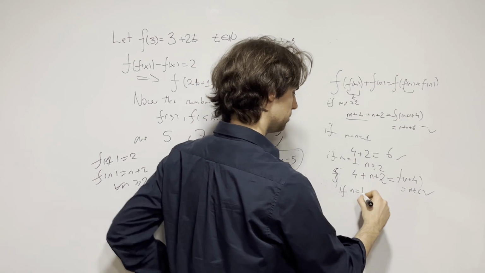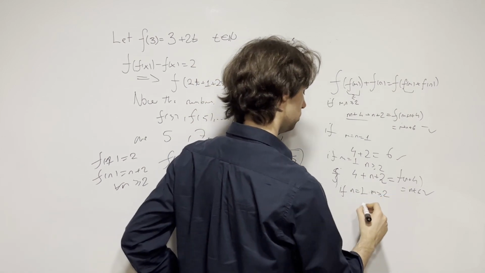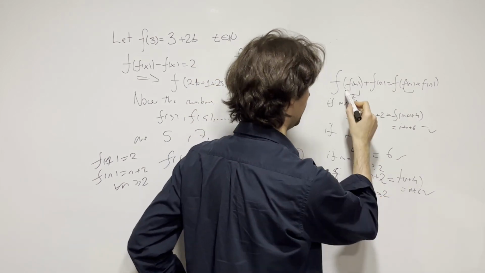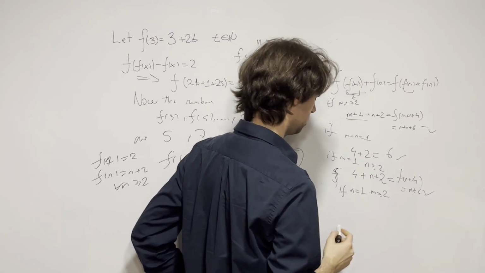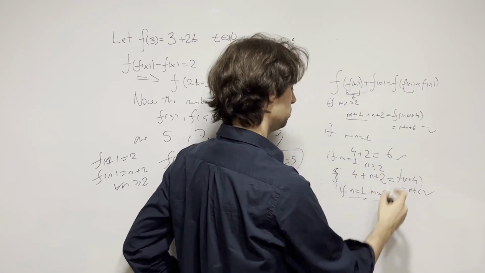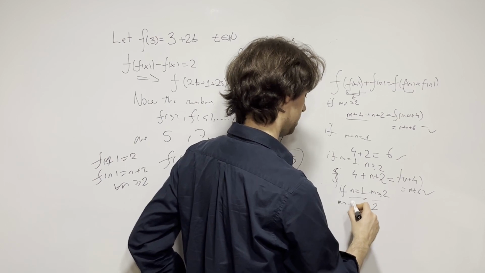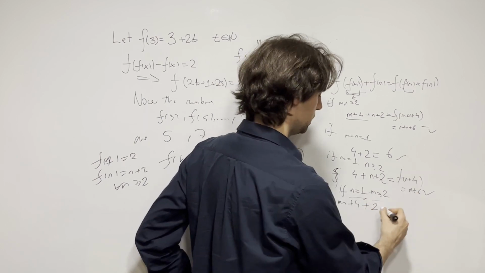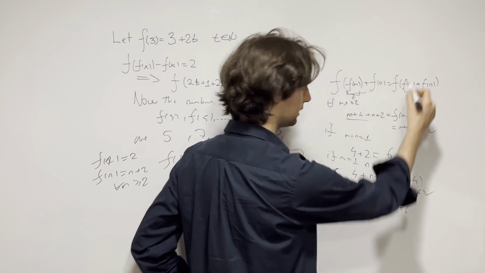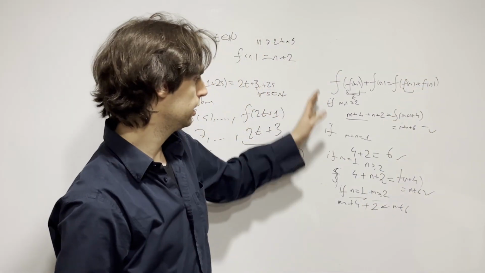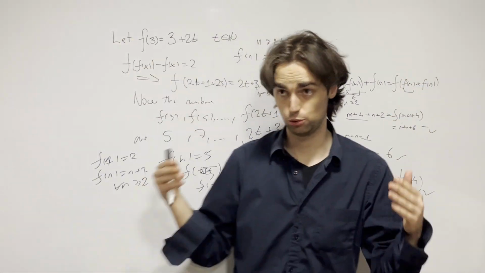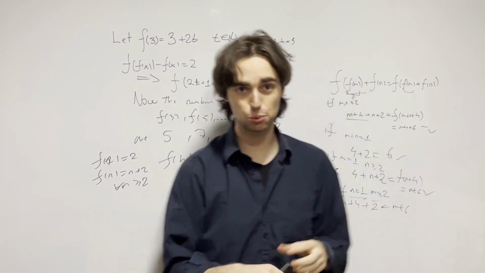And if n is equal to 1 and m is greater than or equal to 2, then we have 2 plus f of m, which is m plus 4 again, which is going to be equal to m plus 6. It's the same thing here. This shows that this function actually does work.